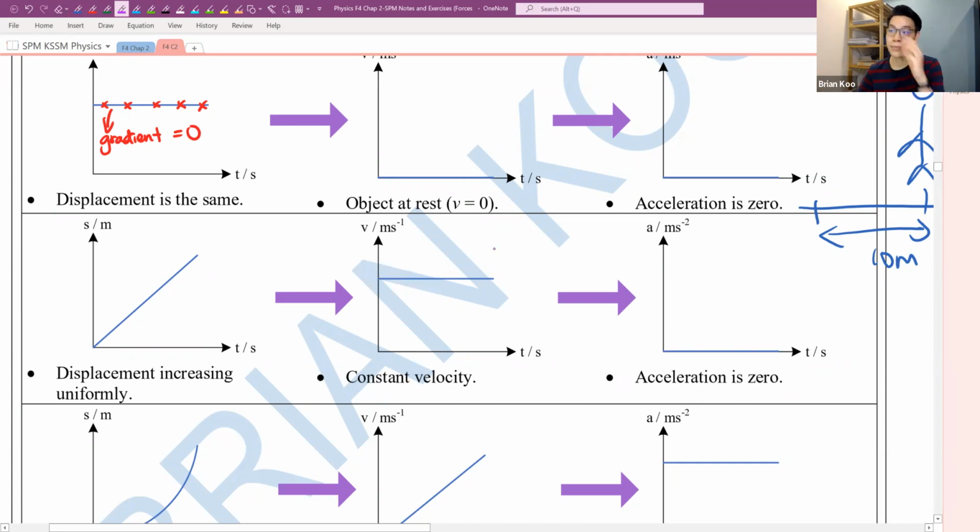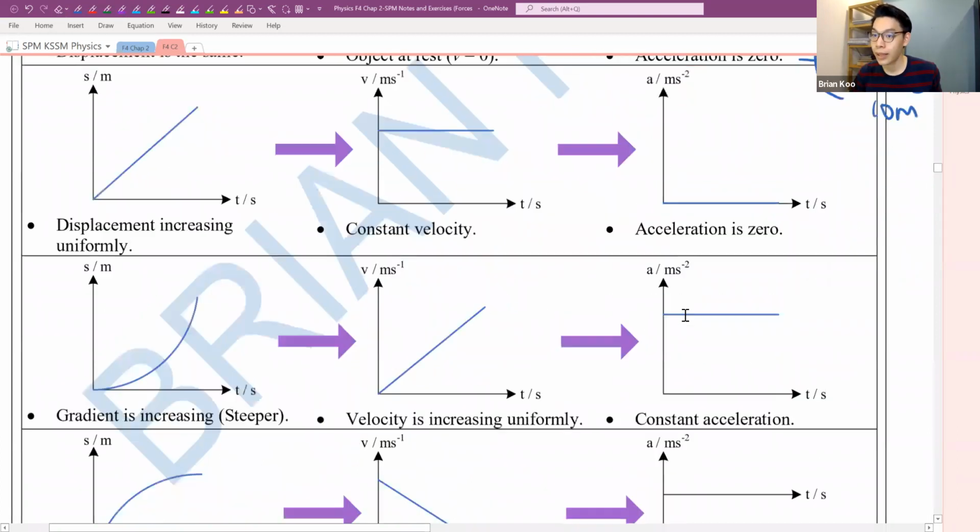But if you remember the gradient concept, also very good, because if you find the gradient of any horizontal line, whether it is on top, at the 0, or at the bottom, the gradient, whose symbol is m, will always be 0. That's why it is 0 like that. 0 here, here also 0, here also 0, here also 0. They're all 0.